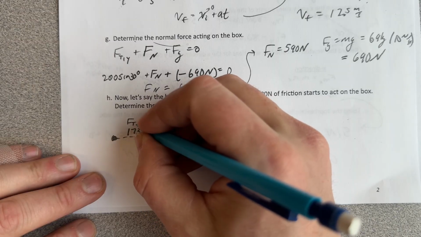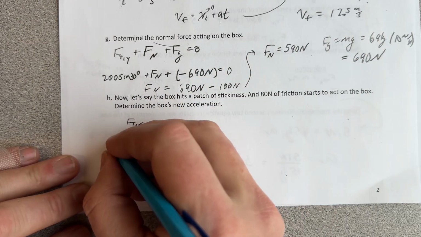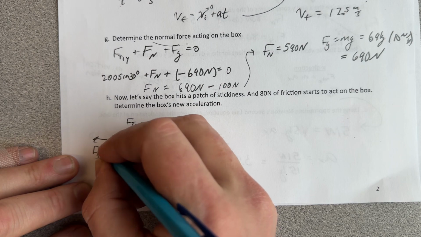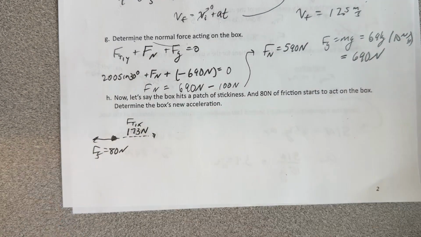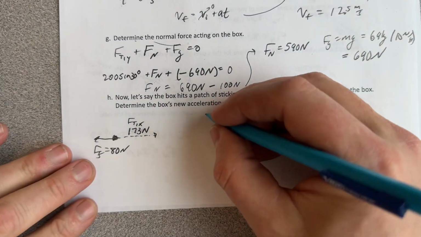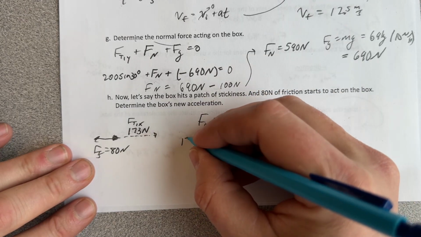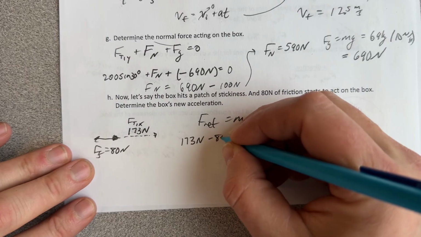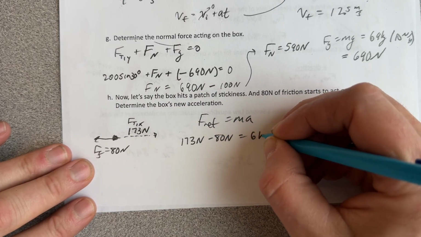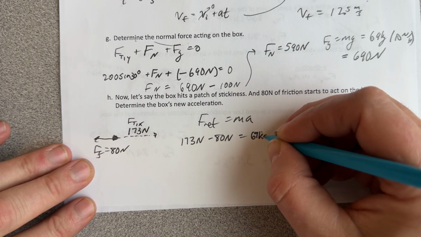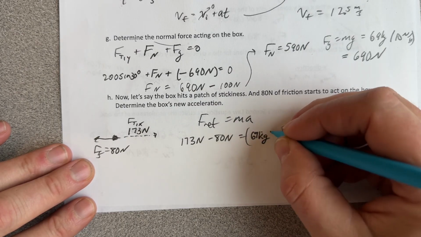Don't have to recalculate that. And now we have force of friction equal to 80 newtons trying to accelerate it backwards. So F net equals MA. So it's 173 newtons minus 80 newtons equals 69 kilograms times A.